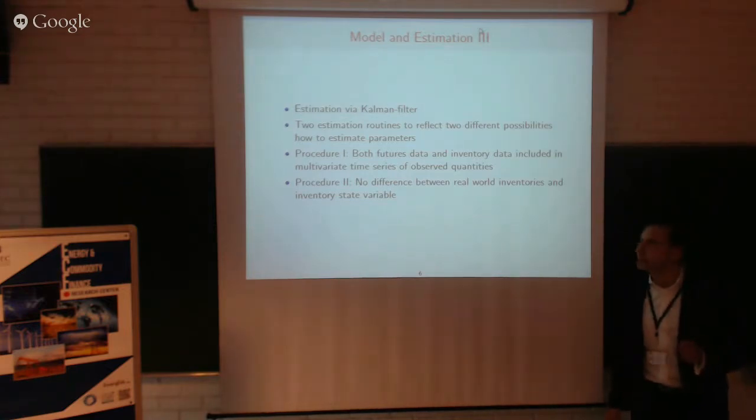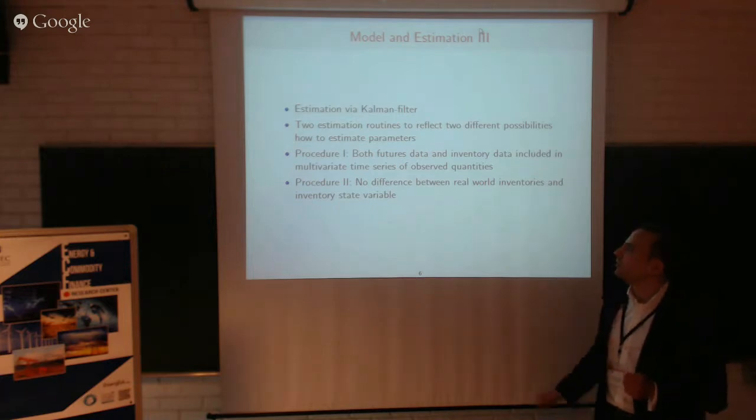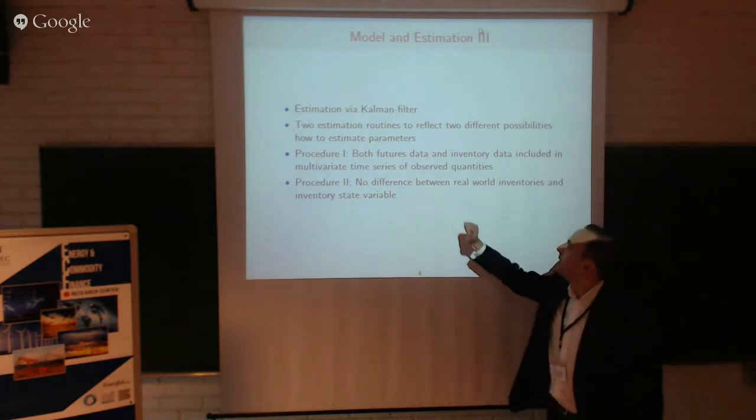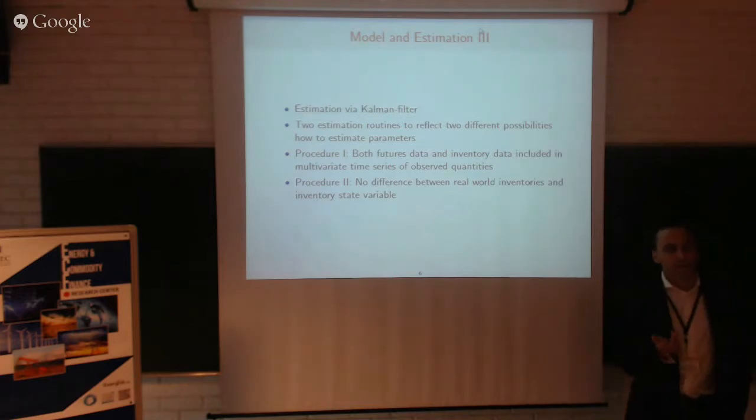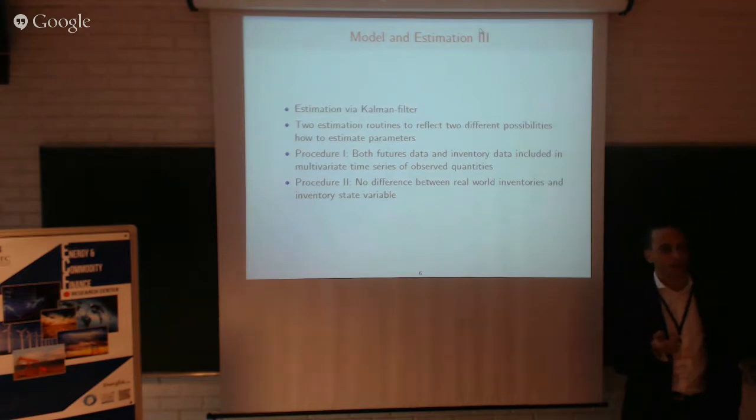The first way, which we call procedure 1, is where we say, okay, let's include the inventory data, but let's allow in the Kalman filter also for error in the inventories, so that the Kalman filter also will estimate our inventory data.